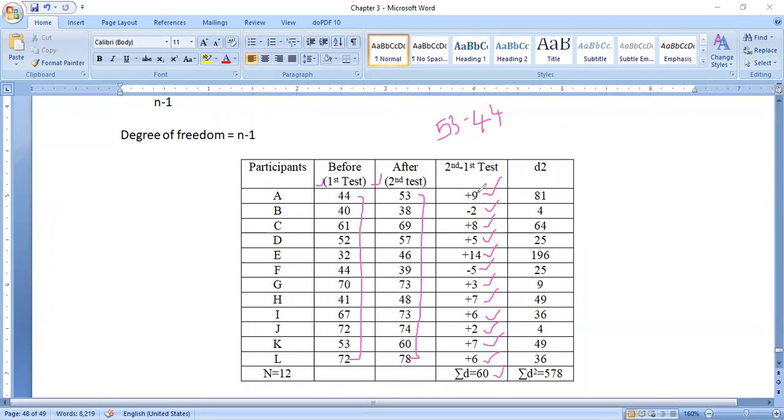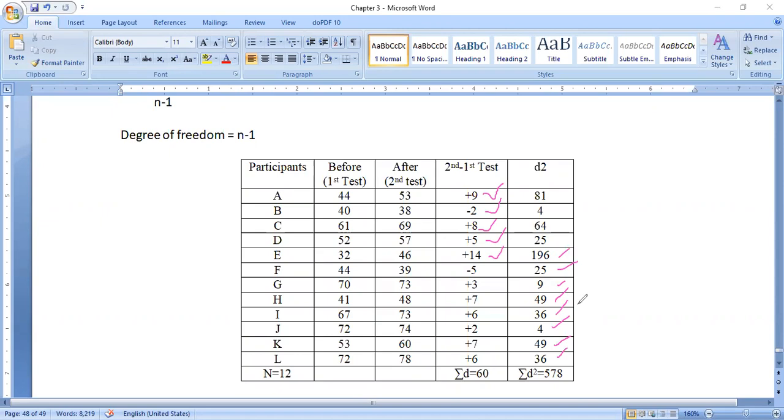Then D square values are there here. 9 square 81, 2 square 4, 8 square 64, 5 square 25, 14 square 196, 5 square 25, 3 square 9, 7 square 49, 6 square 36, 2 square 4, 7 square 49, then 6 square 36. Sigma d square is equal to 598.